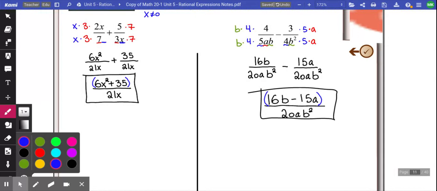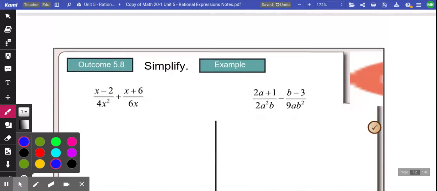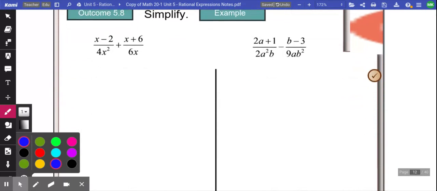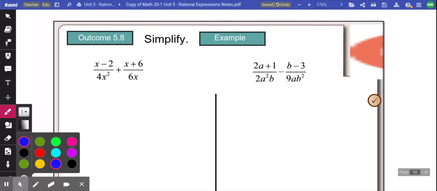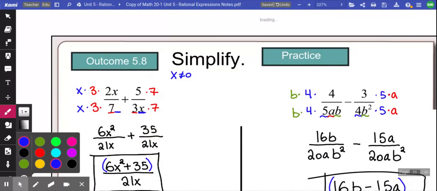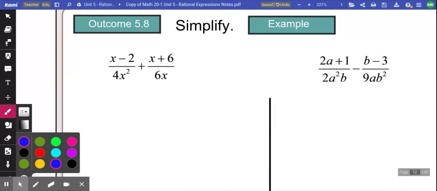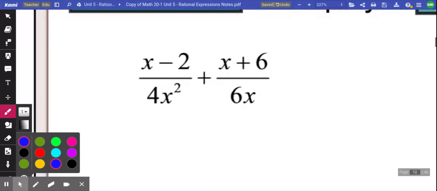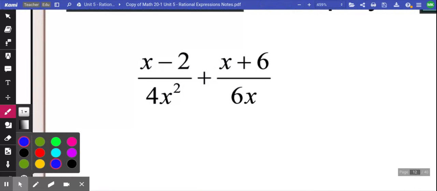Awesome. We're crushing it. We're going to look at these ones, so it's going to get a little bit harder. The only reason it's going to get harder is if you look at the top is now binomials in these questions, where the top of these fractions were monomials. It's the only difference. So, first things first. First step is always factor. In the factoring step, I'm going to do something else important.